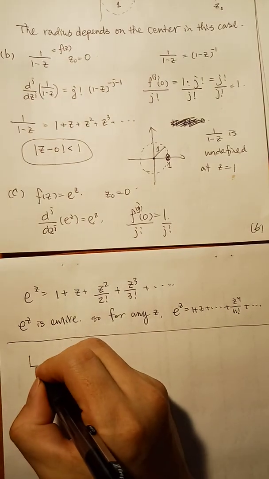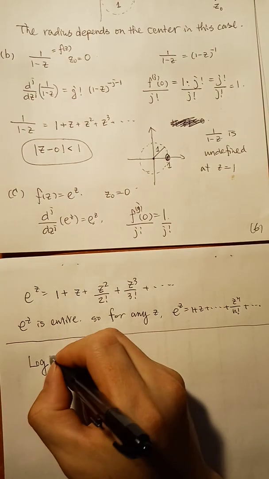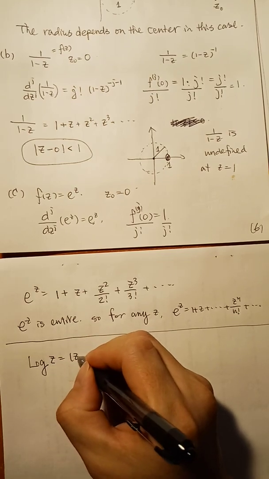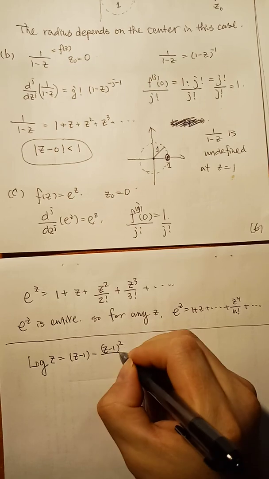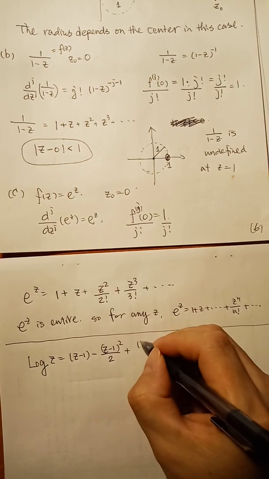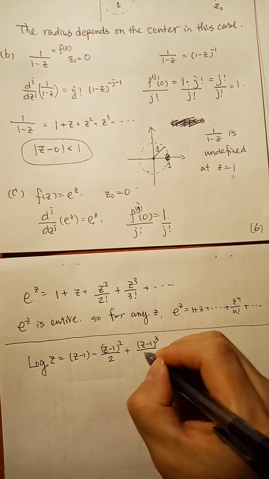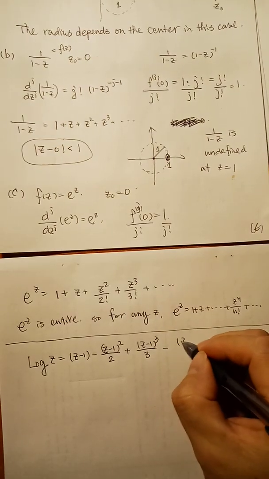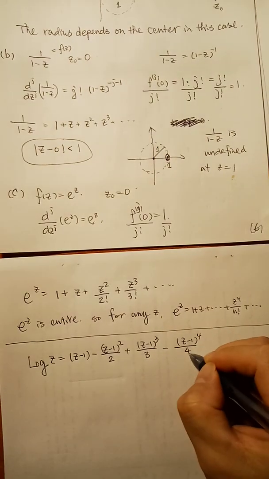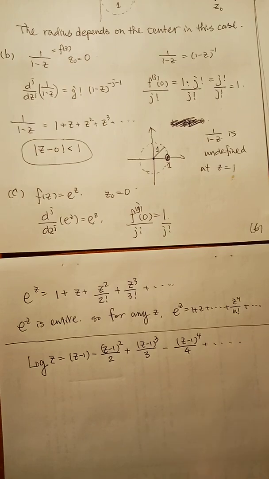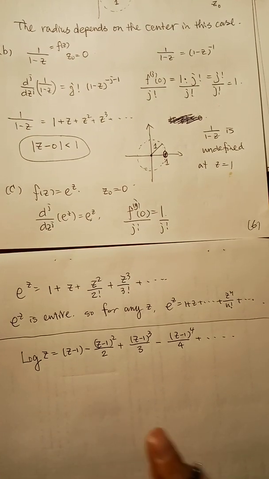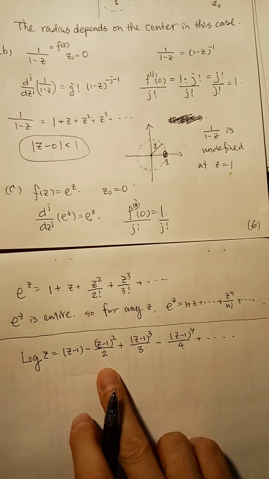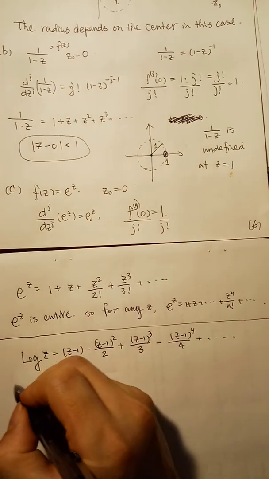The first, log z is (z minus 1) minus (z minus 1) squared over 2 plus (z minus 1) cubed over 3 minus (z minus 1) to the 4th power over 4, and so on. For this one, we just do the differentiation term by term.